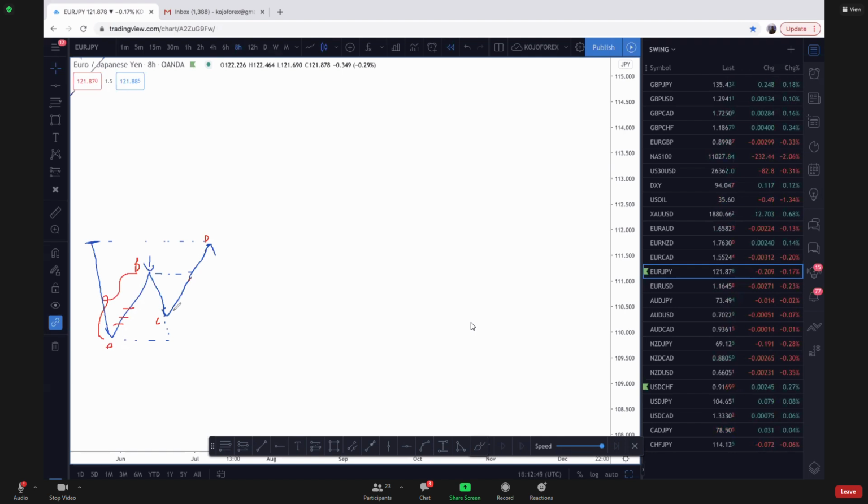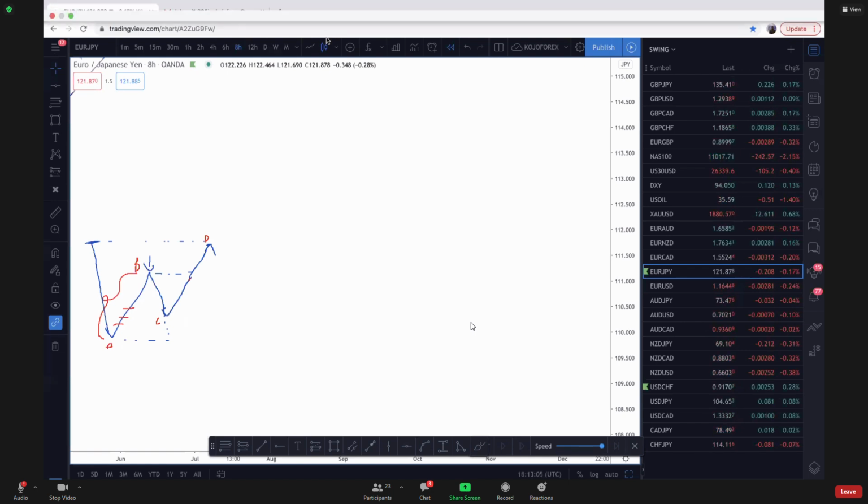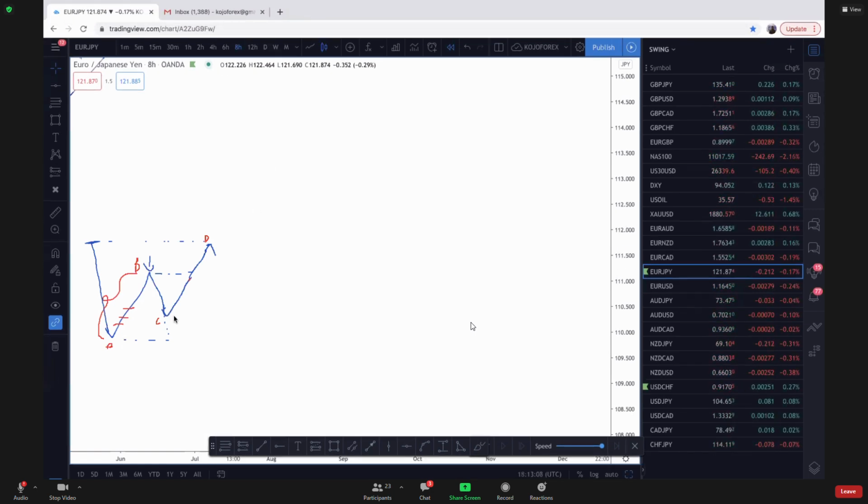You don't start from A to D and say you're measuring Fibonacci from A to D. You start from the swing point. That's why I said my strategy allows me to catch trades at the beginning of a swing point or at the beginning of a trend. So if I say, okay, KOJO FOREX community, buy Euro JPY from C and take profit somewhere here, you are just trading the swing point.